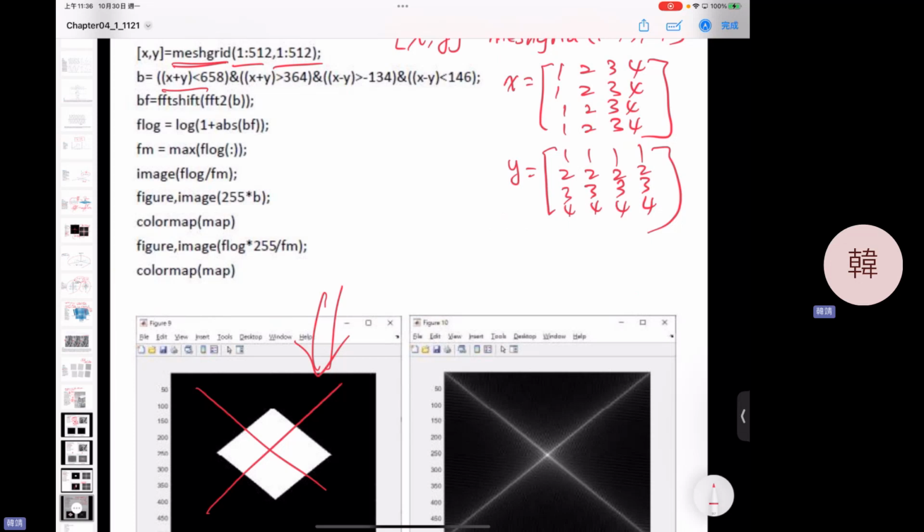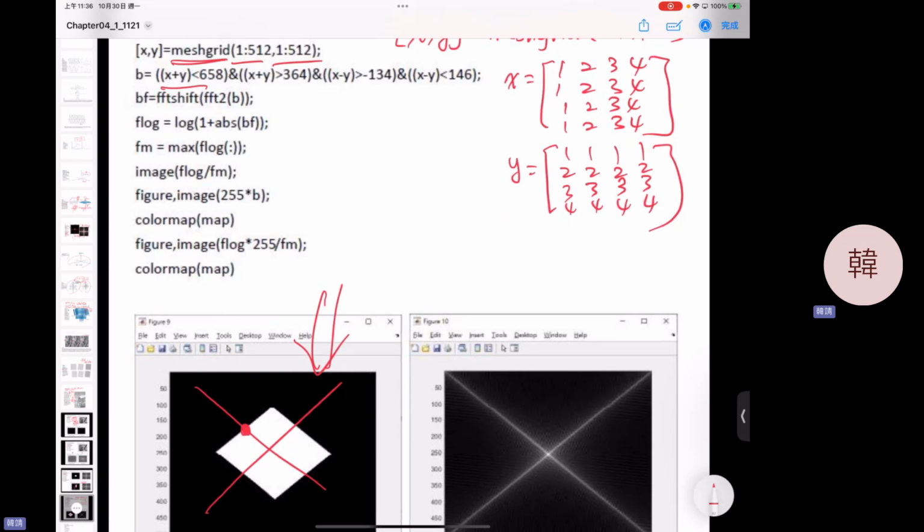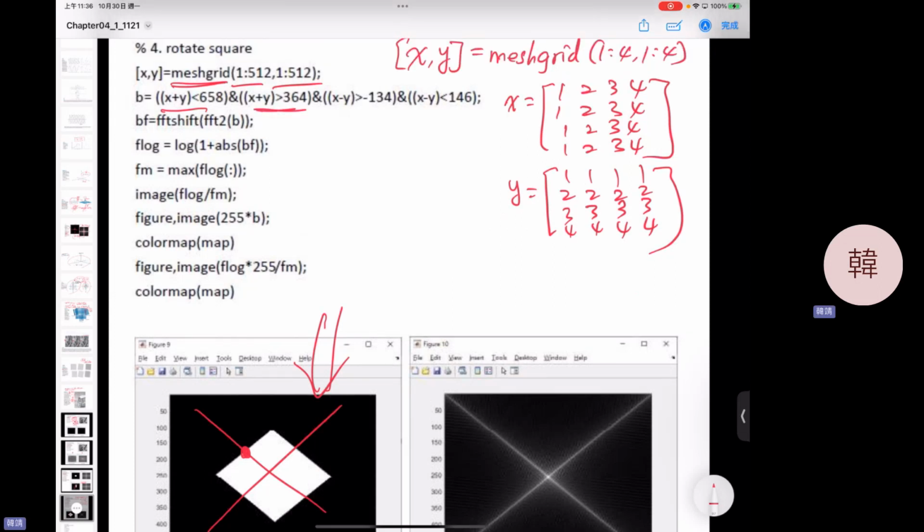I find a point here, and look at the summation of the x, y location. If x plus y is larger than 364, what does that mean? It means x and y added together are larger than this value, so all these pixels will be turned on as 1.